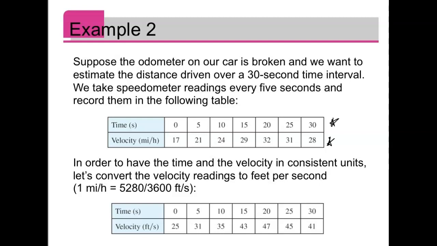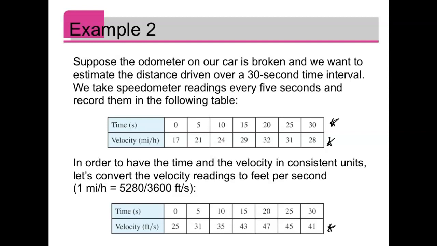Well, the first thing I did for you is I went ahead and converted to feet per second so that our time and our velocity had matching units. Time is now in seconds. Velocity is now in feet per second instead of miles per hour. Does that make sense?